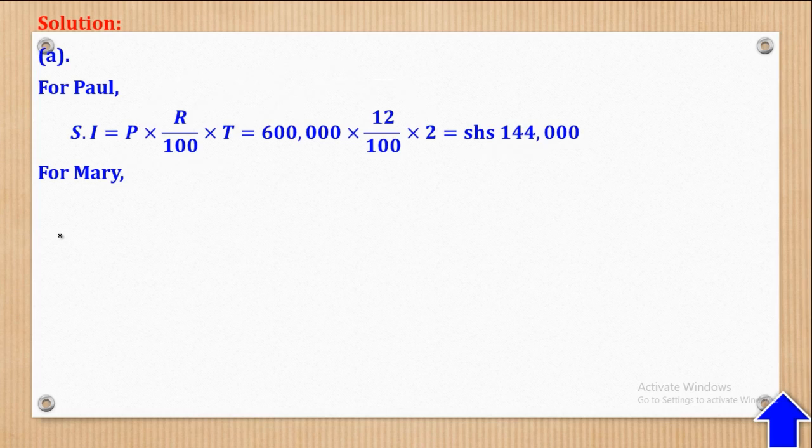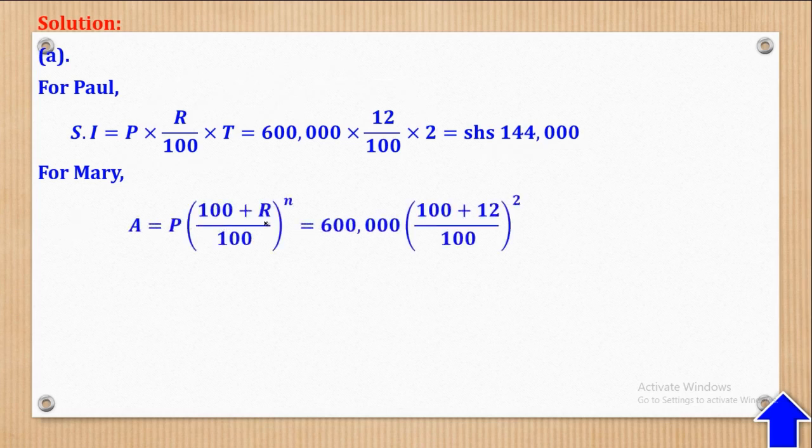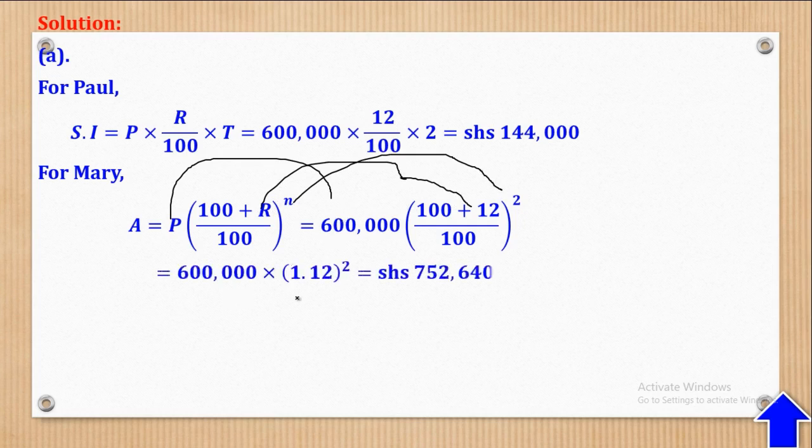Then for Mary, it was compound interest, so we are going to first calculate the amount, and after that we shall calculate the compound interest. So for the amount, P is 600,000, R is 12, and N is 2. So when I simplify, I'll come up with shillings 752,640.